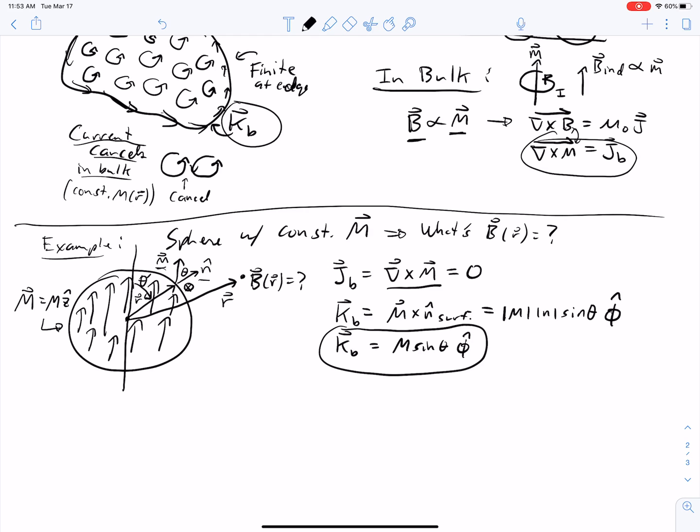So that is the current. So I can think of this sphere of magnetization now as a sphere of current. And now I can ask myself, what's the B field arising from that sphere of current?